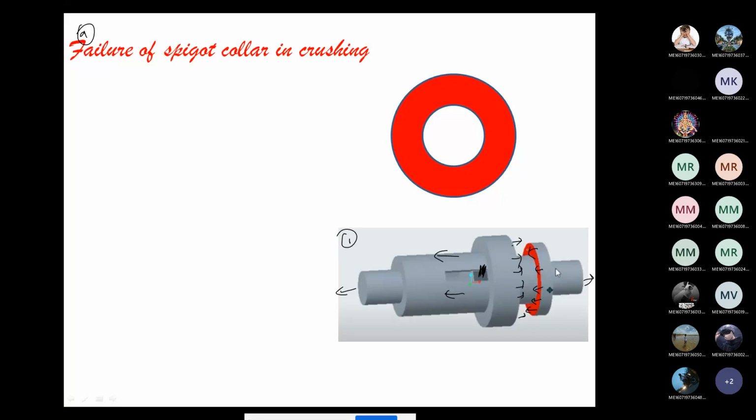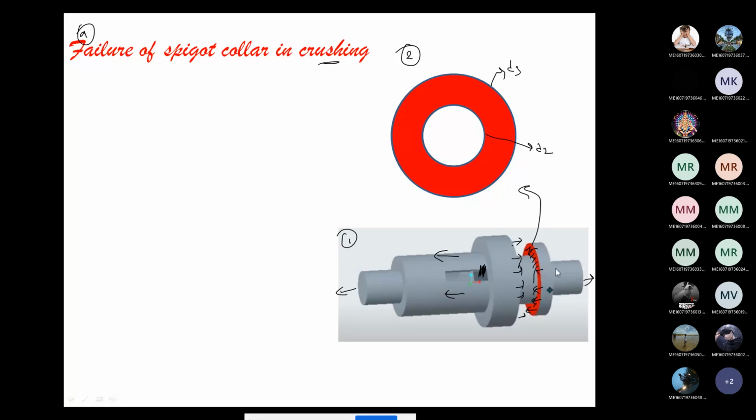The red color portion is the failure area. This failure area I am drawing separately in the second image. This larger circle is called D3, the smaller circle is called D2. D3 is the diameter of the spigot collar, D2 is the diameter of the spigot, right?